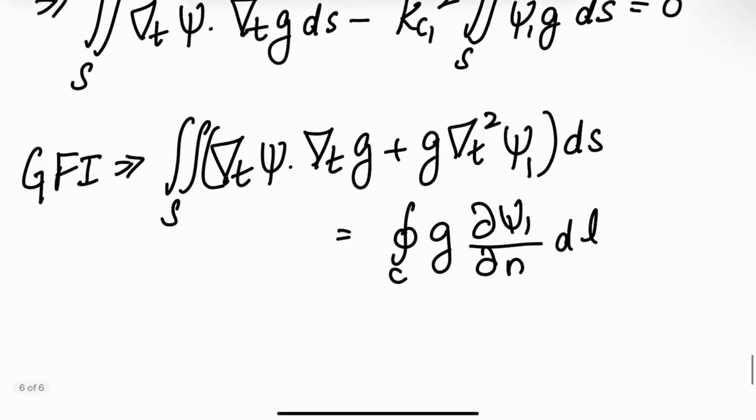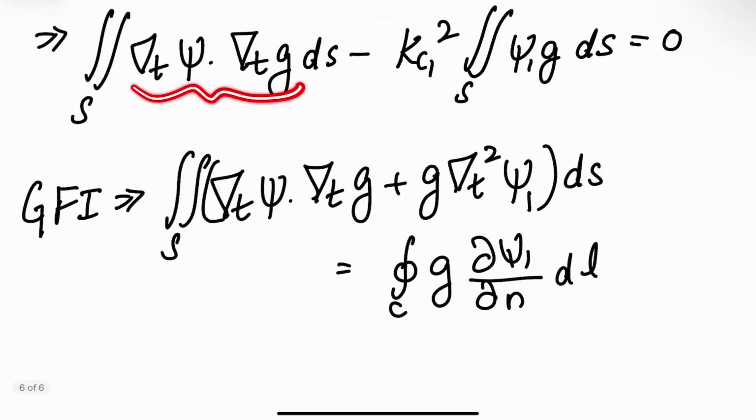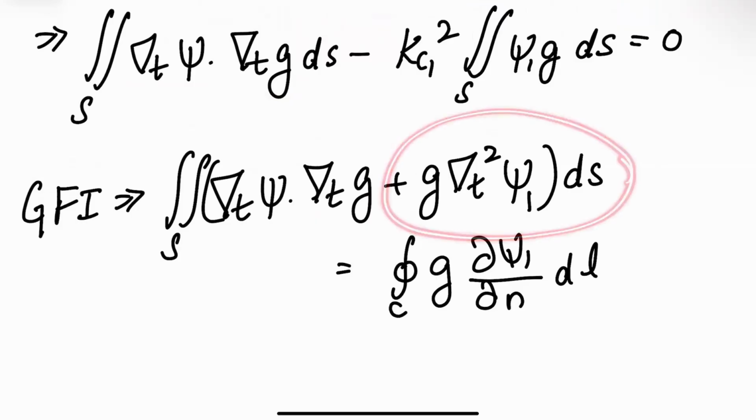Now I'll substitute this term, since this term and this term are equal, so instead of this, I can write this.